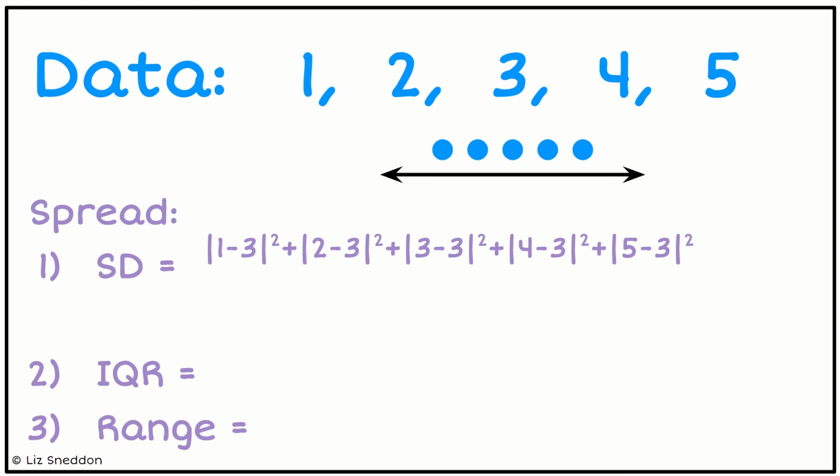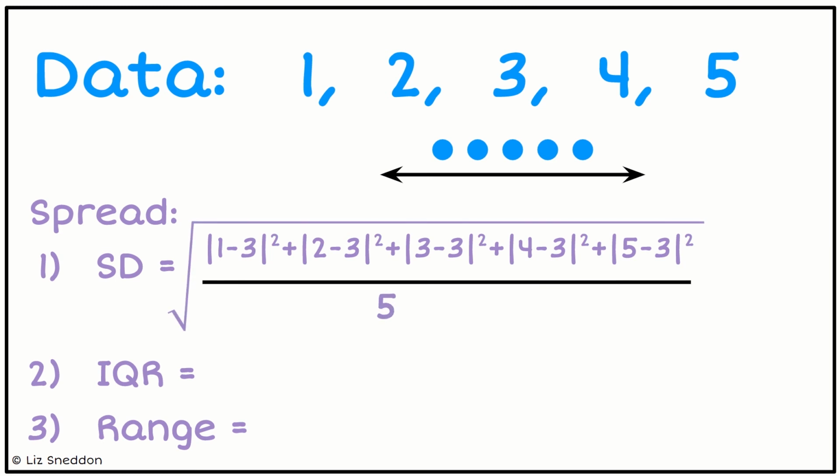And then I sum up by doing that to every single data point that I have. I divide that by how many data points I have, which is 5, and then I take the square root, and that gives me a standard deviation of 1.414. So that tells me from the mean, from that value of 3, this data is spread out on average by about 1.4.